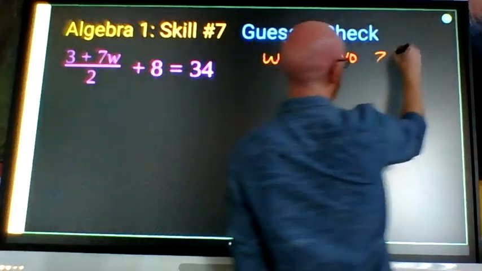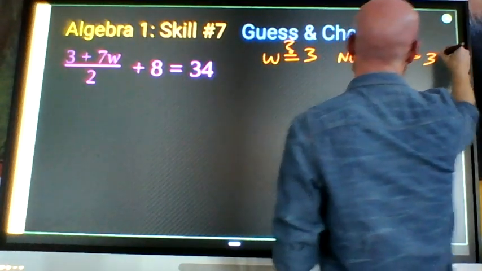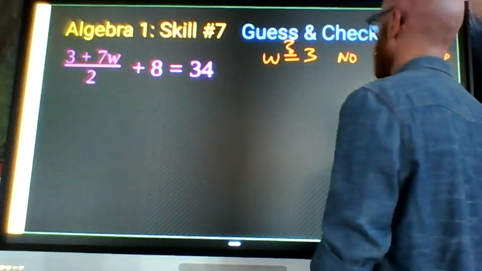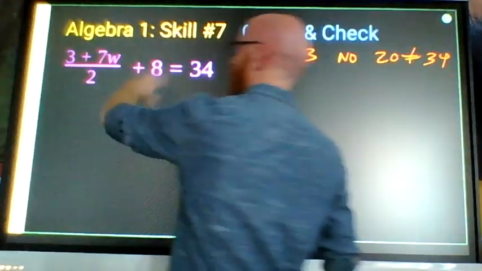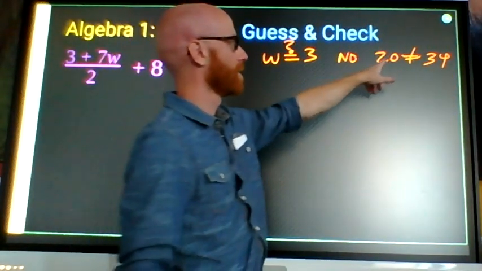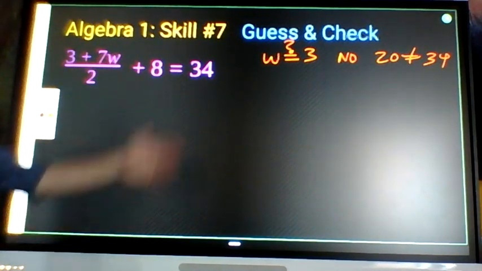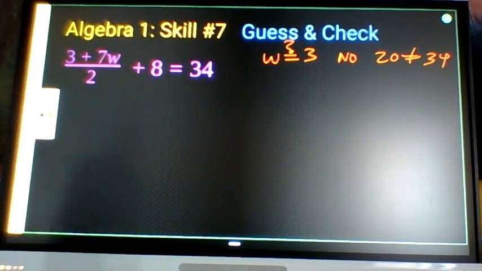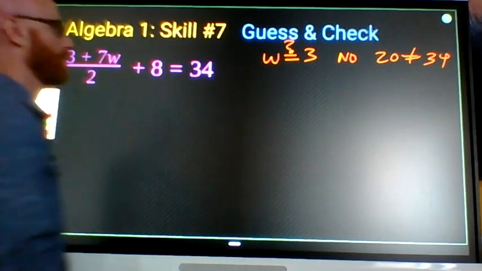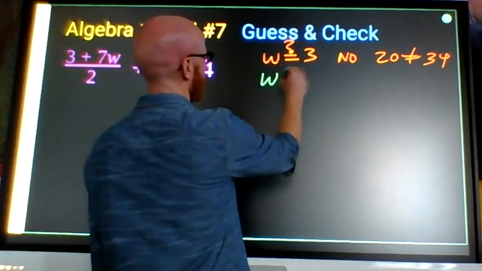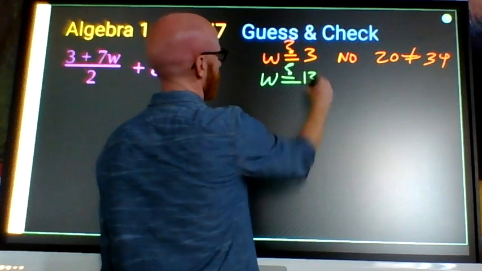No, 20 does not equal 34. I think I want to make this side bigger, so I'm going to have a second guess, and it's going to be larger than 3. So maybe I will try 13, right? Does W equal 13?